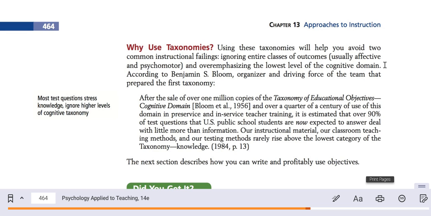According to Benjamin S. Bloom, organizer and driving force of the team that prepared the first taxonomy, after the sale of over 1 million copies of the Taxonomy of Educational Objectives, Cognitive Domain, and over a quarter of a century of use of this domain in pre-service and in-service teacher training, it is estimated that over 90% of test questions that U.S. public school students are now expected to answer deal with little more than information.